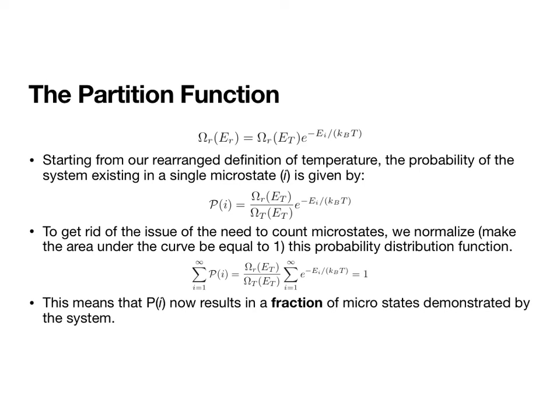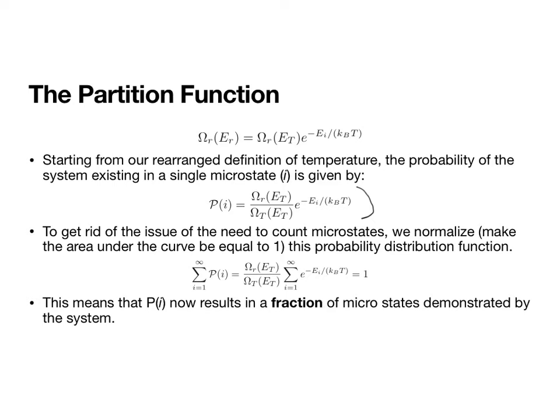Okay, so starting from our rearranged definition of temperature, the probability of the system existing in a single microstate is given by this fraction. I have the microstates of the reservoir divided by the total, times this exponential function of the particular energy. We need to get rid of this issue of having microstates in our formulas because we've covered thoroughly that microstates are really hard.